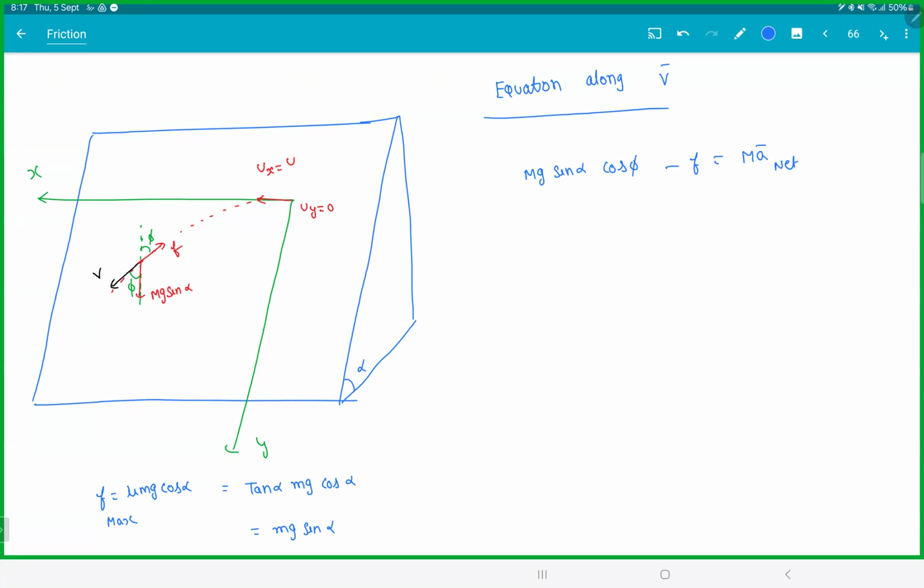Isn't it? Because velocity is changing in that direction, that would be the net acceleration. So again, mg sin alpha, friction is mg sin alpha, you'll get cos phi minus 1. This will be m into a. So we get a is equal to g sin alpha into cos phi minus 1. This is your net acceleration.